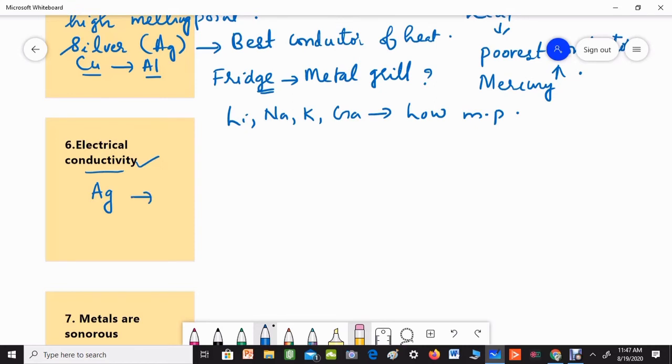Silver is the best conductor of electricity, followed by copper, then gold, aluminium, and then tungsten. Mercury, symbol Hg, on the other hand, is the poorest conductor of electricity.